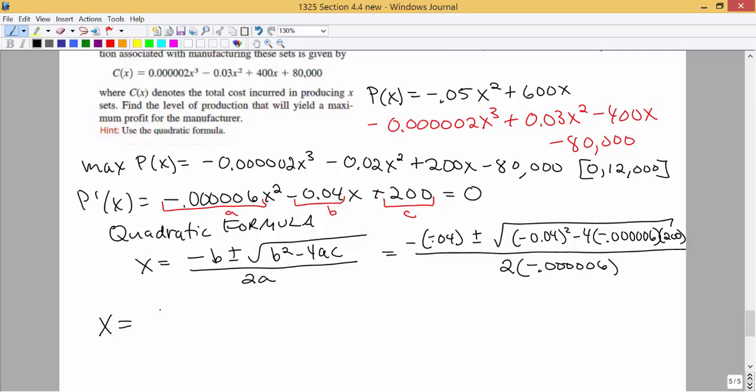Alright, so we start to simplify. We get a positive 0.04 plus or minus the square root.